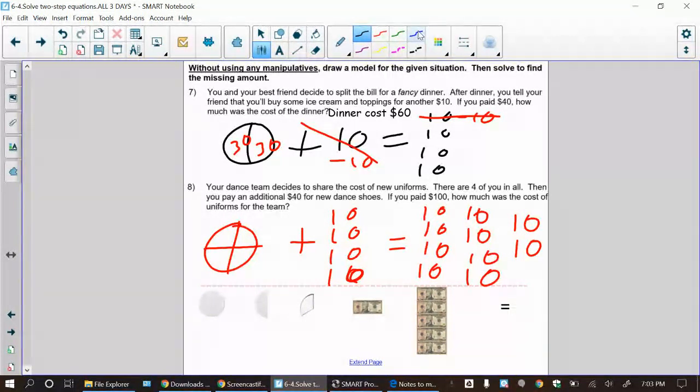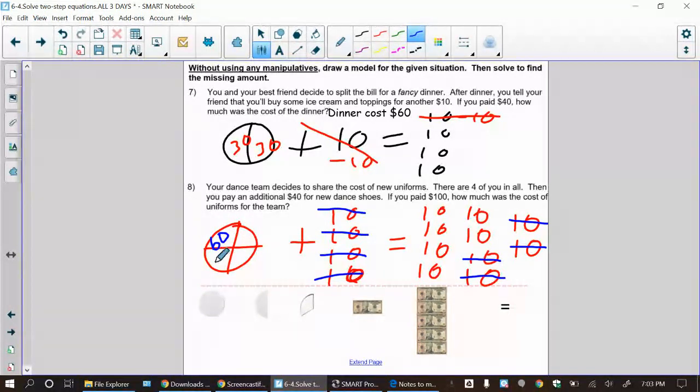Okay, so for each of these $10, if I take this away, I need to take another one away. I'm taking a total of 40 on the left side, so I should take away a total of 40 on this side. Okay, so then I need to figure out, I still have 10, 20, 30, 40, 50, 60. So that means the 1 quarter that you paid was $60.